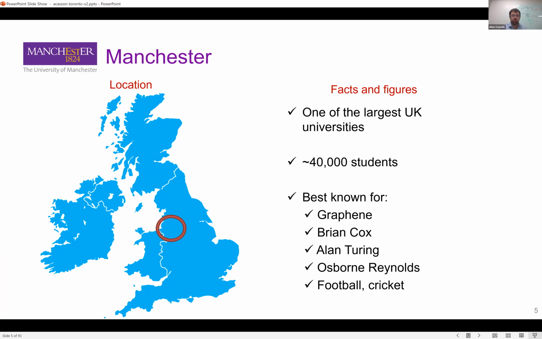Just for those of you who aren't familiar with Manchester, we're one of the largest universities in the UK with about 40,000 students. Well, I think that's relatively run-of-the-mill for North American standards. Most people have heard of Manchester because they're either fans of the cricket or fans of the football.